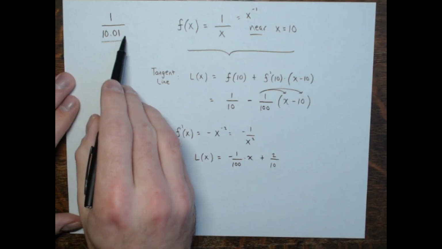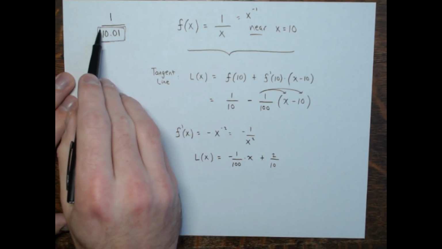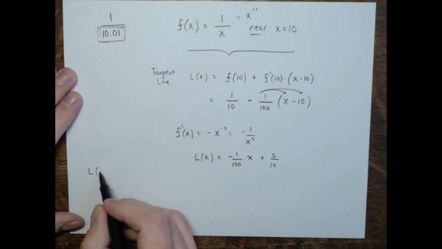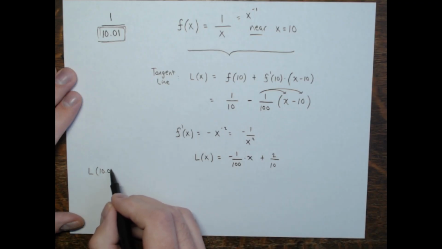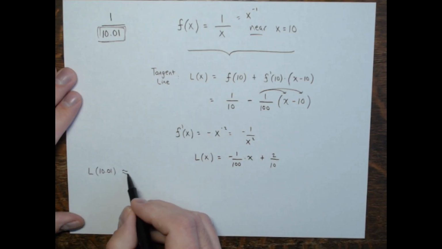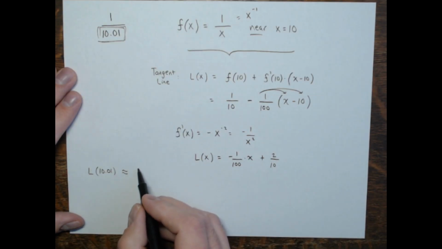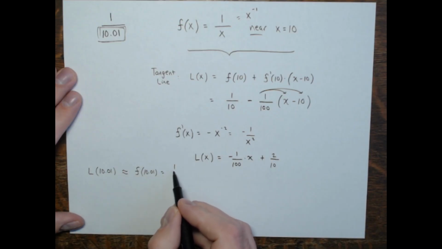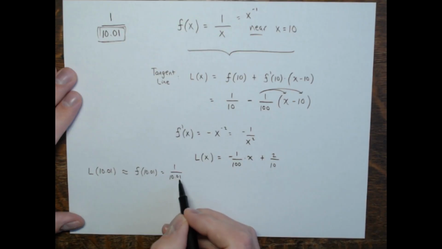So now notice back here, we're going to plug in 10.01. The value of this linear function, this line I got here at 10.01, should be approximately equal to the original thing, f at 10.01, this 1 over 10.01.